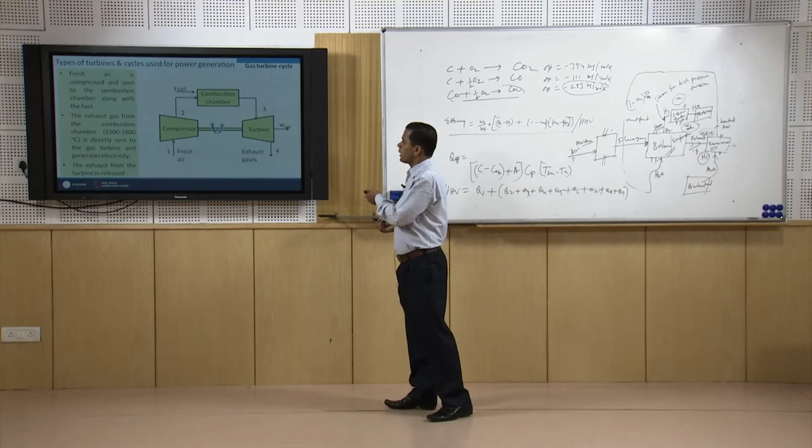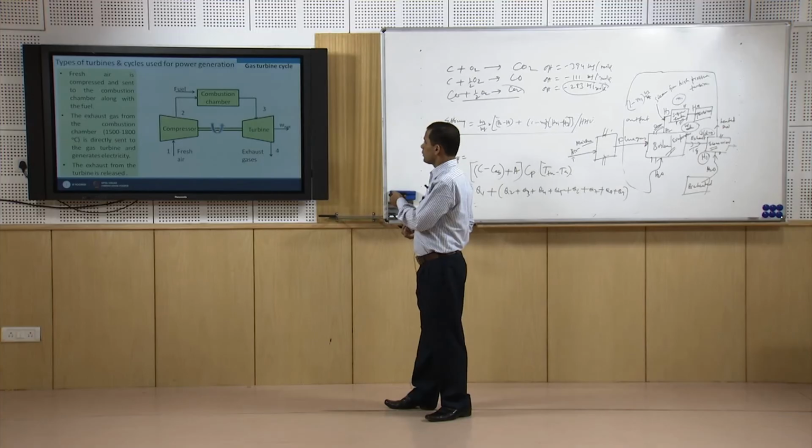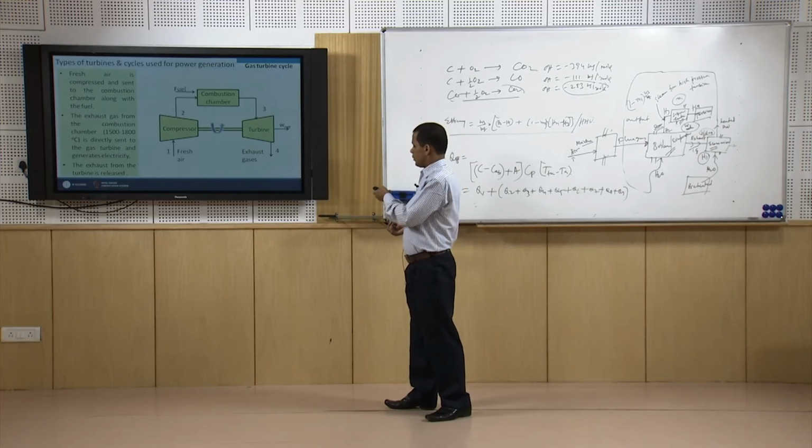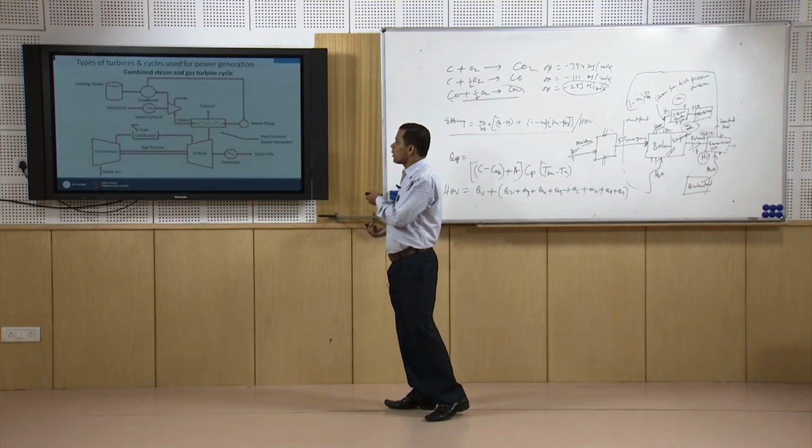Similarly, the gas turbine cycles we have also discussed in the first part. Here air is sent, compressed, and then combustion takes place, and the combusted gas is passed through the gas turbine, and then we get some work here. This temperature is around 1500 to 1800 degree centigrade, as we discussed in the first part of this module.